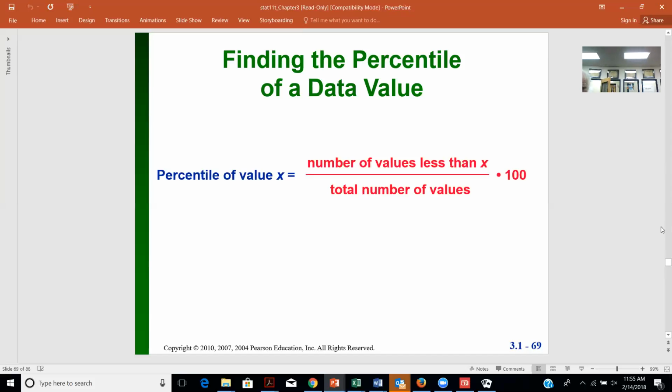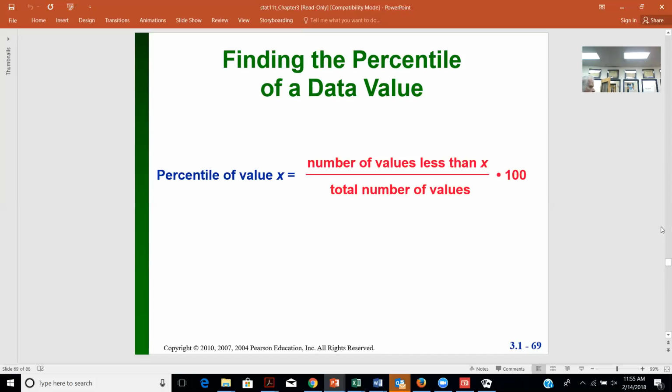What a percentile is, if you look at one value, you look at the number of values that are less than that value and divide it by the total number of values in the data set.